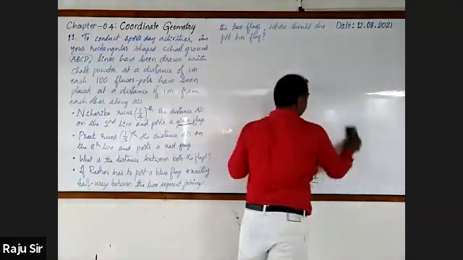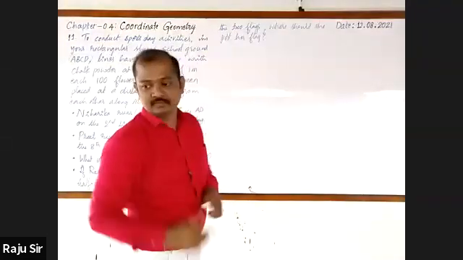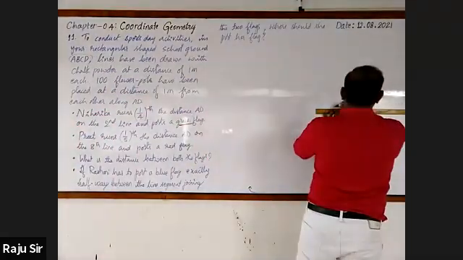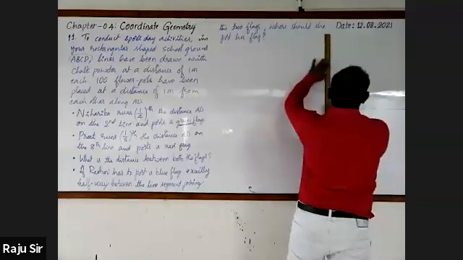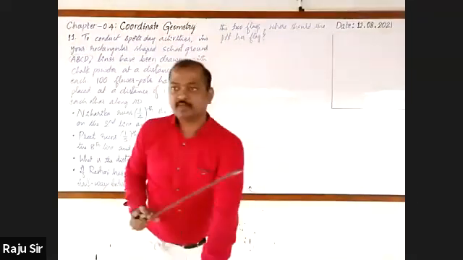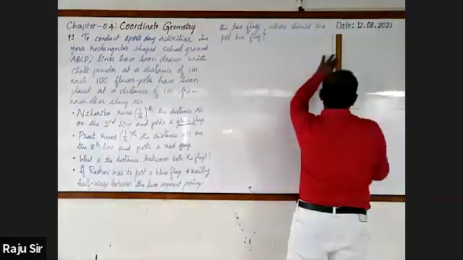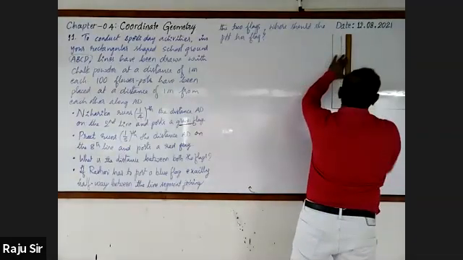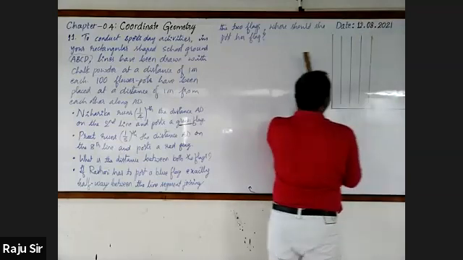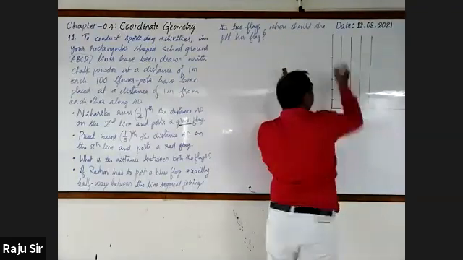For your reference, on your right side, you draw the figure. You don't need to show 100 meters. Just draw a few lines only. First line, second line, third line, fourth line, enough. Here parts 1, 2, 3, 4, 5.